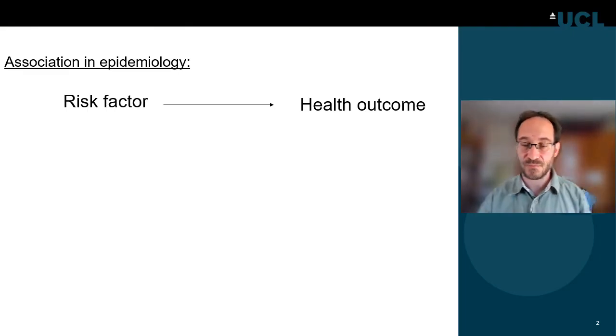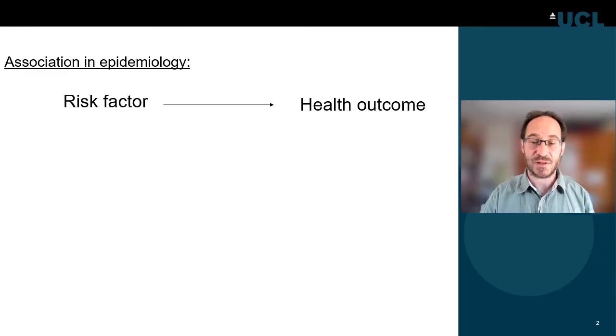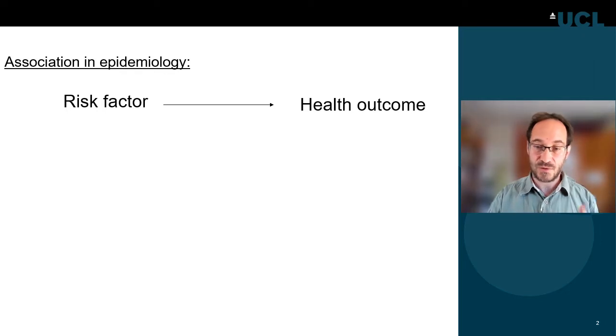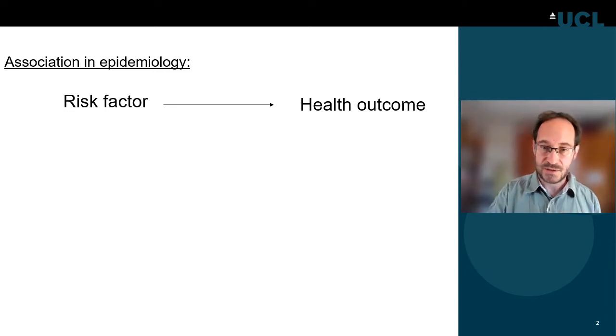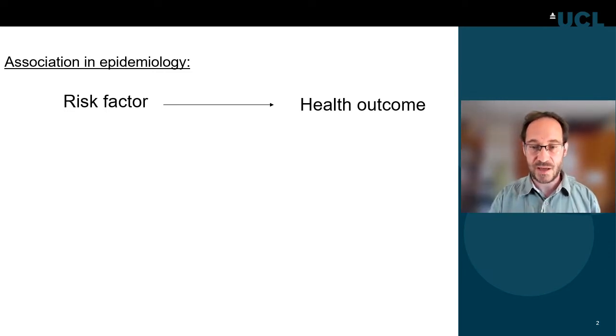But before I talk about exactly what confounding is, I want to say a few words about epidemiology in more general. As we talked about before, one of the main aims or central goals of epidemiology is to find an association between a risk factor and a health outcome, between smoking and lung cancer, between work stress and heart attack, between gardening and mental health.